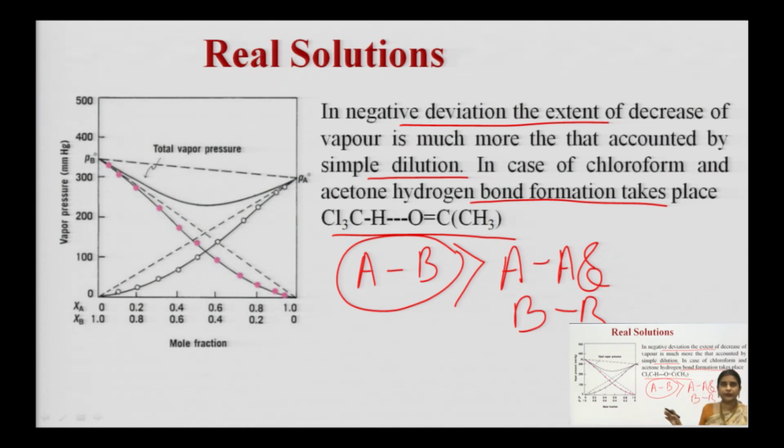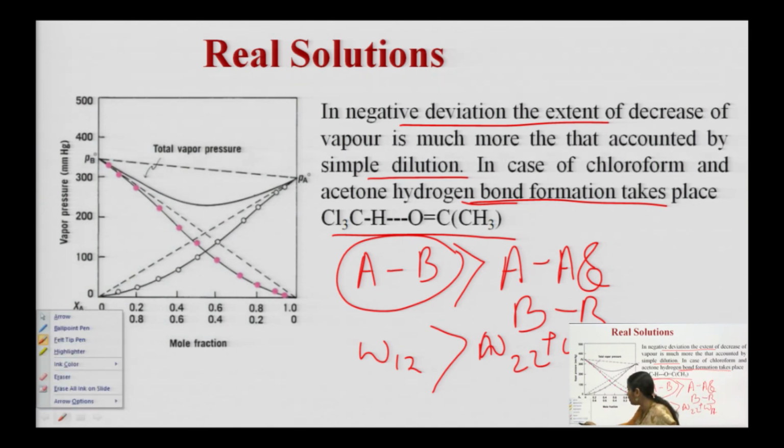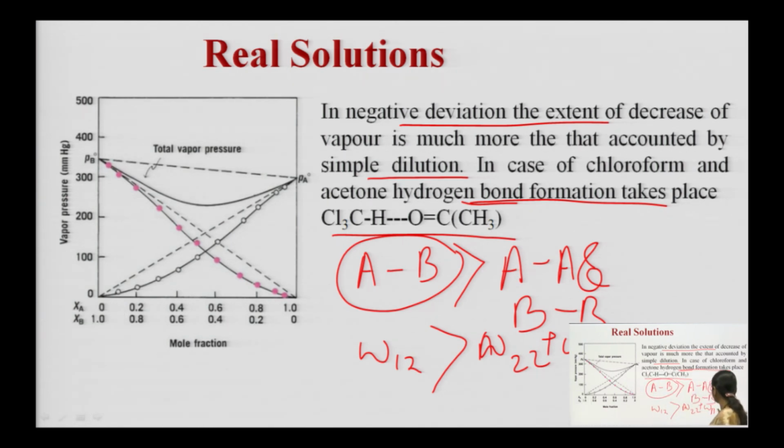But if we remove this geometrical mean and say that other than van der Waals force, hydrogen bond and other forces are acting, then the force of attraction between solute and solvent will be greater. Okay, so this is negative deviation.